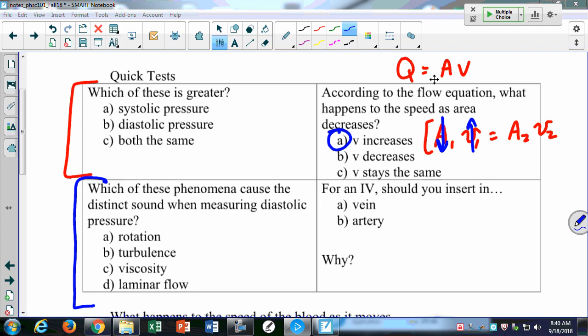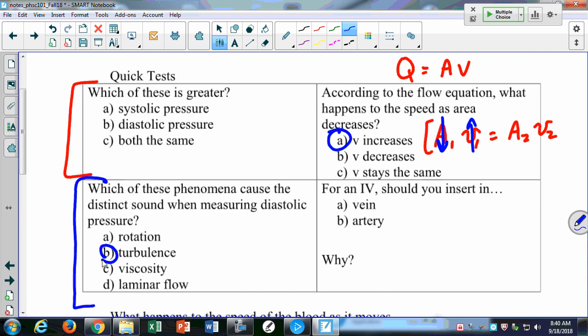I could be wrong. I'll have to look into that. But the answer is B. It is the turbulence. But you're questioning the diastolic part of that question, right? Yeah. Pretty sure it's right. I'll go back and look. Yeah, it's when you stop hearing it. I'll look into it.